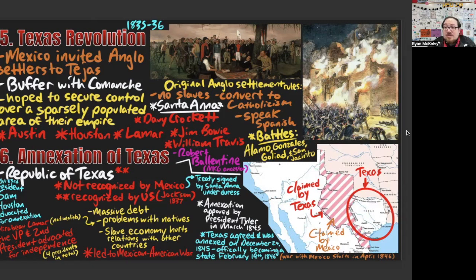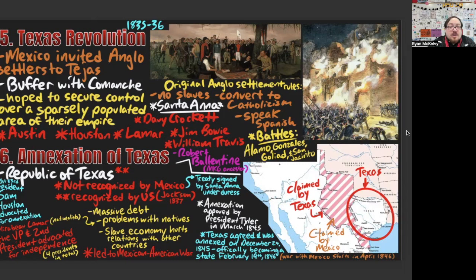The next year after the revolution is over, you do get the Republic of Texas recognized by Jackson. One of the ways that you can sort of become your own country if you are an area in rebellion is to get recognized by other sovereign countries. The United States will give Texas a big boost by doing that.